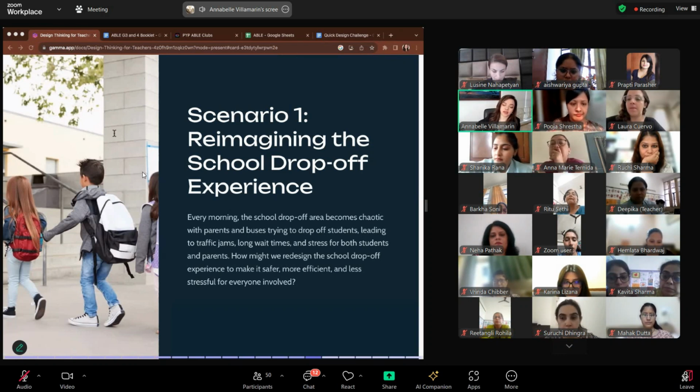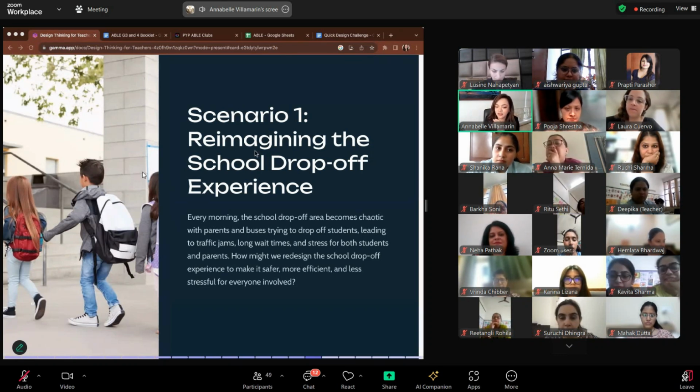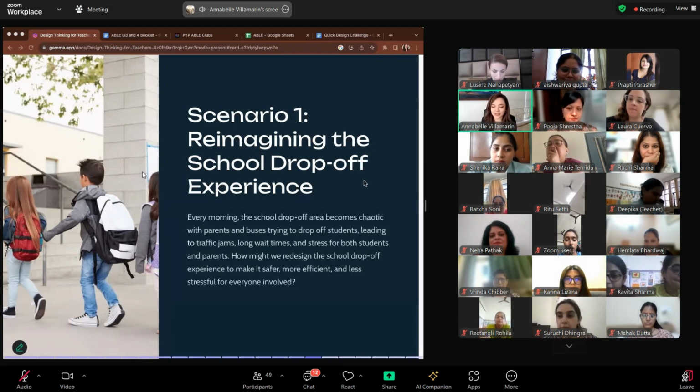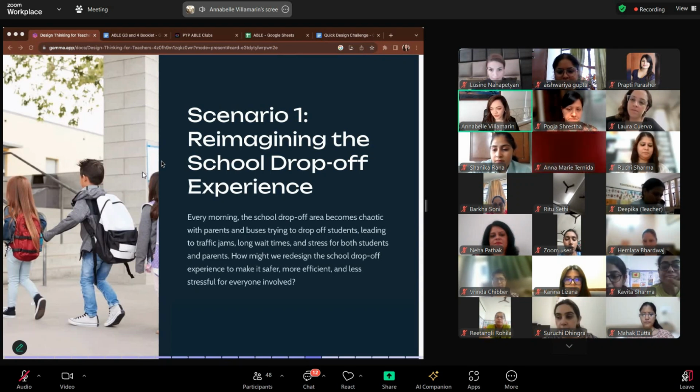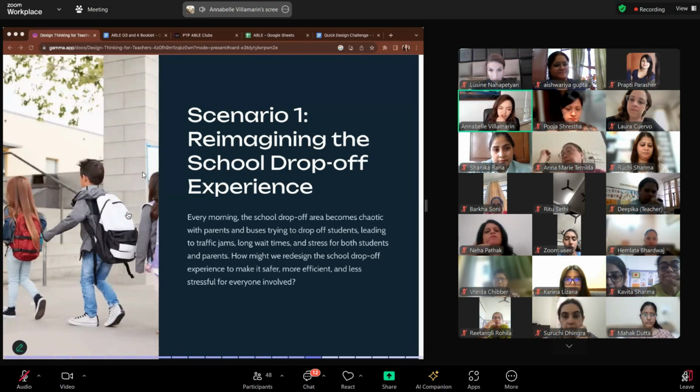Get your ideas from those who are in the drop-off. How might we redesign the school drop-off experience to make it safer, more efficient, and less stressful for everyone? If you're in scenario number 1, that is your task.